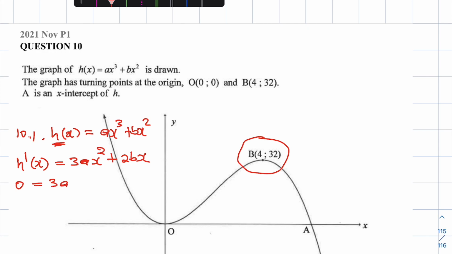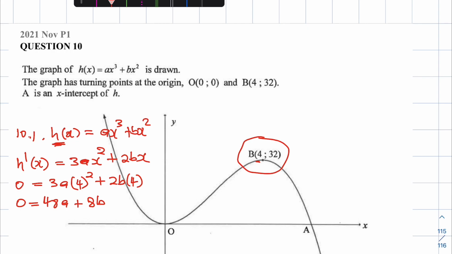Then this is 3a, then we take this x, that is 4, to the power 2 plus 2b times 4. And then we have 0 equal to 4 squared is 16 times 3, that is 48a, and then plus 8b.